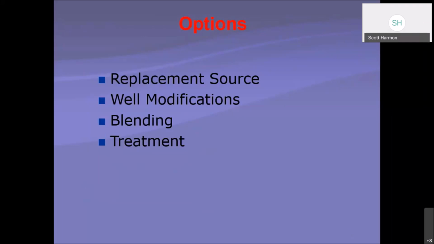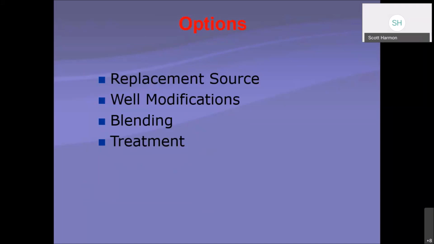Could you have well modifications? Could you screen out a layer of the aquifer that may have higher arsenic levels into another area of the aquifer that had lower? Could you blend 2 different sources, maybe 2 different wells, one that had a higher level of arsenic, one that had a low level of arsenic? And then the last one was treatment. So here's some different options that people had.